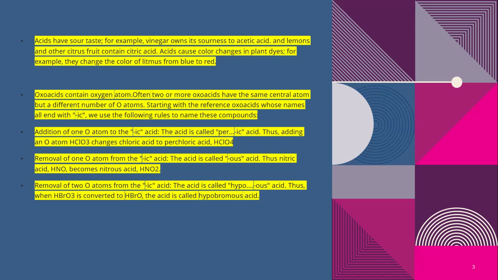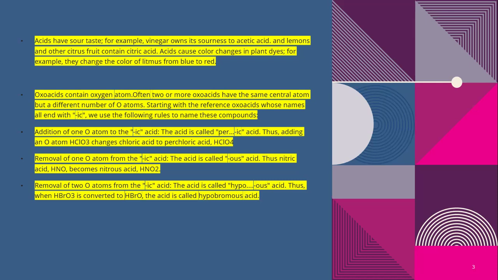With the addition of one oxygen atom to the -ic acid, the acid is per-...-ic acid. Thus, adding an oxygen atom to chloric acid, HClO3, gives perchloric acid, HClO4. Notice between chloric acid and perchloric acid, we increase the oxygen by one atom.